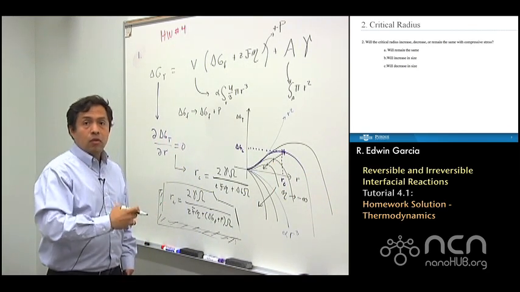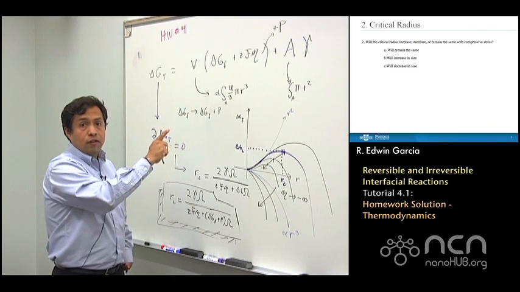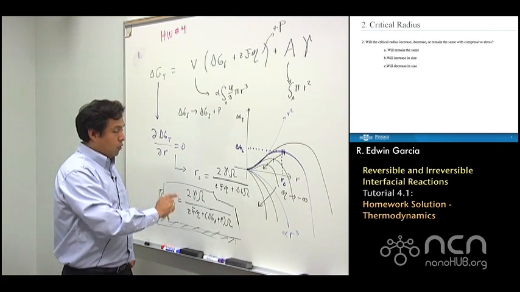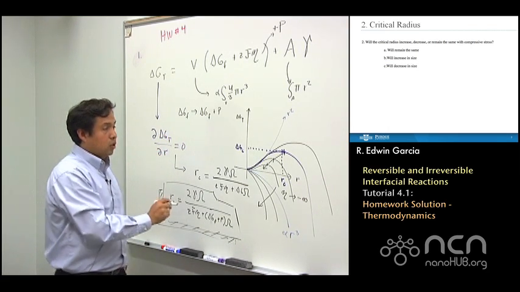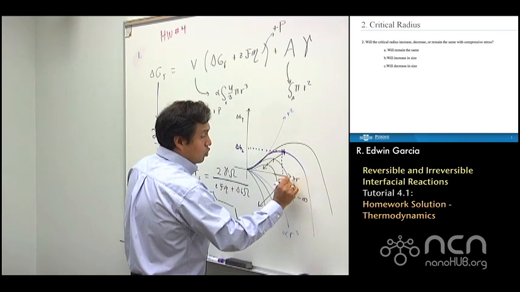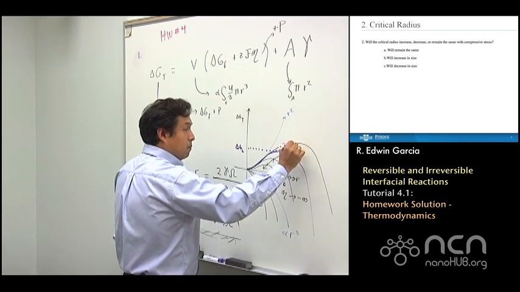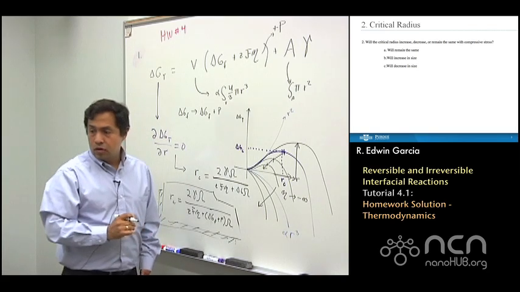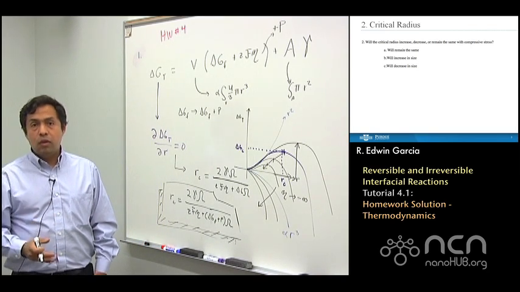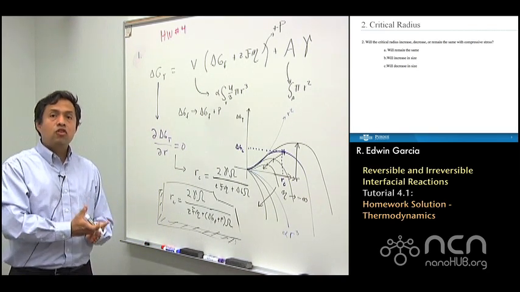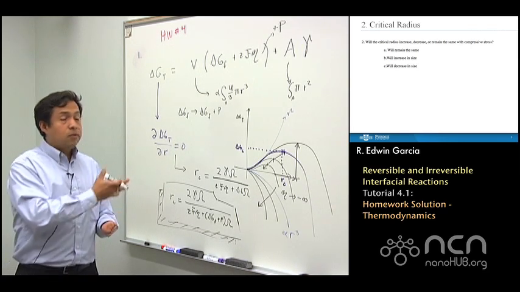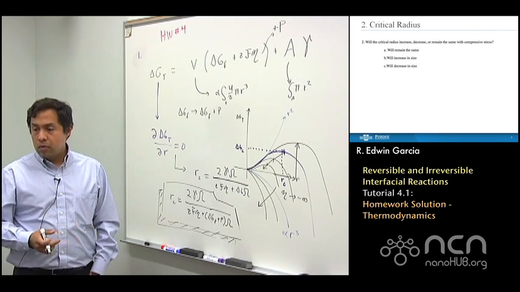You not only have to overcome the surface tension, you will also have to overcome the stress that you're imposing on the system, effectively shifting the radius to the right and making this barrier larger. So the answer will be B, it will increase in size. You actually have to have a larger nucleus that overcomes that barrier in order to grow.